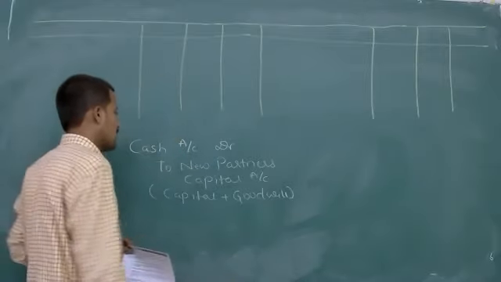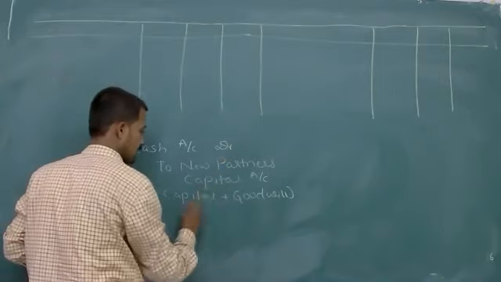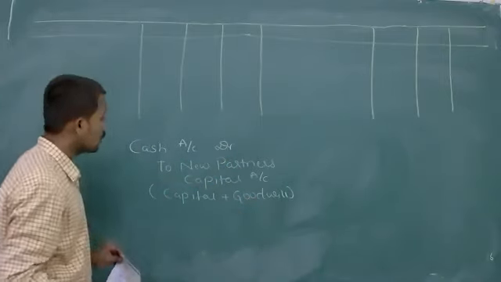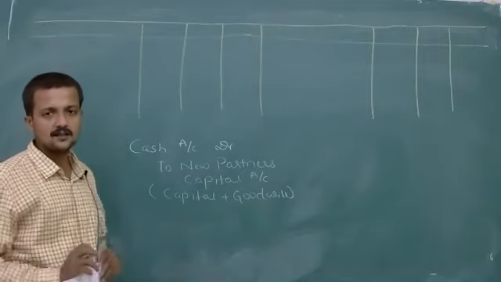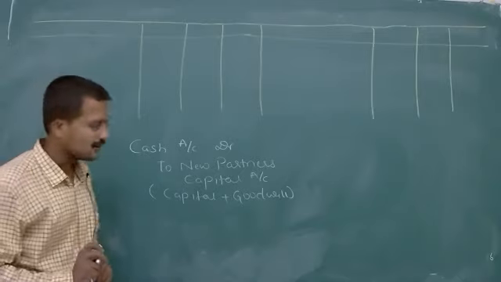Then out of this capital and goodwill, goodwill should be removed and distributed to the old partners in their sacrificing ratio.